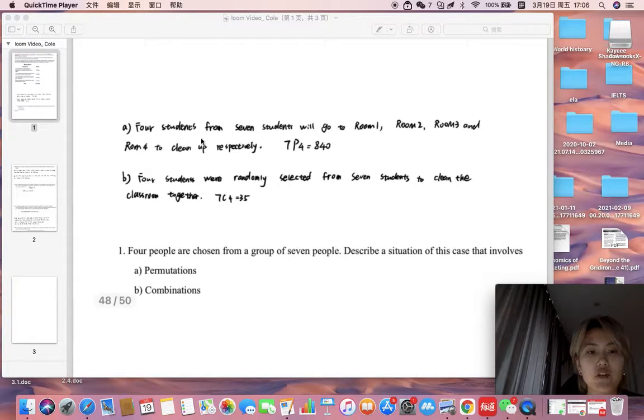Four students from seven students will go to room 1, room 2, room 3, and room 4 to clean up respectively.